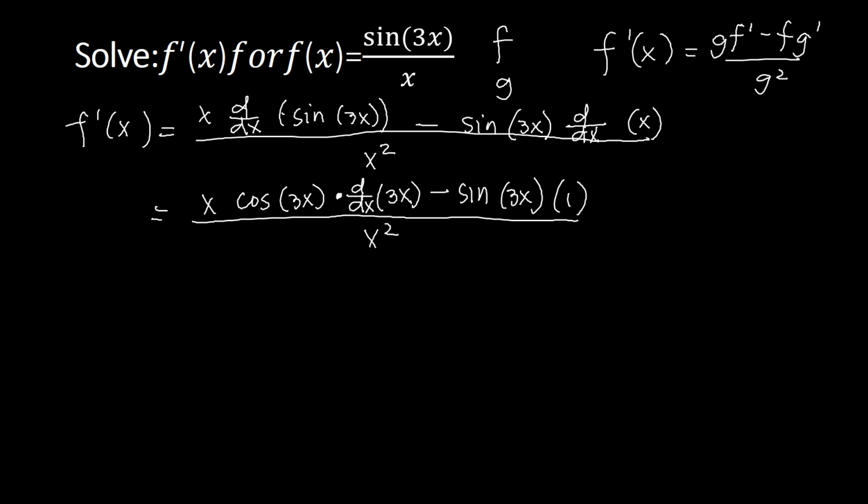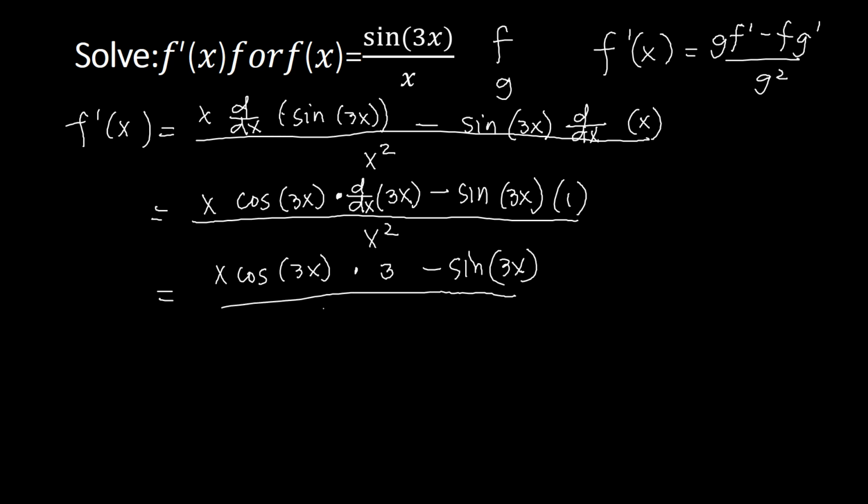Simplifying that further, this is now x cosine 3x times the derivative of 3x, which is 3, and then minus sine 3x all over x squared.